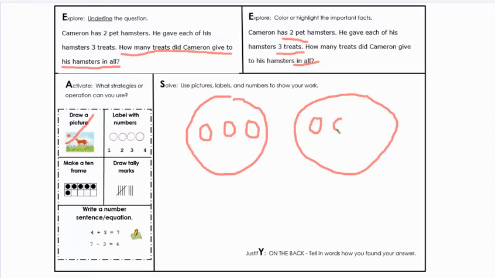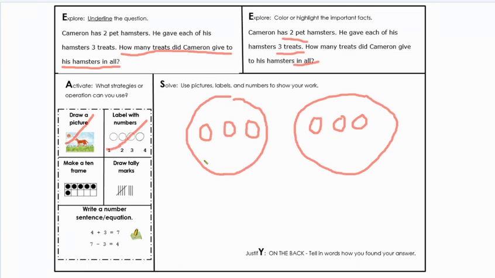1, 2, 3 treats. Now let's focus on the question. It says, how many treats did Cameron give to his hamsters in all? Okay, so we're not going to count the hamsters because we already know there's 2 pet hamsters. That's not what we're counting. We're going to count the treats, okay? And as I count, I can also label, okay?